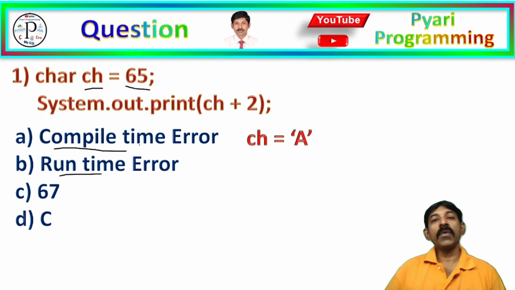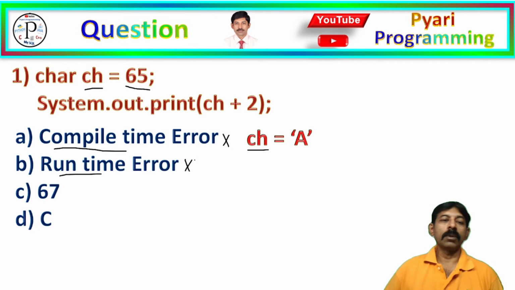Because 65 is converted to its character value. The ASCII value of capital A is 65. That's why it is implicitly converted into the character A, so the variable ch will contain A. And obviously these two are invalid options. So that means we can have 67 or C as the answer.